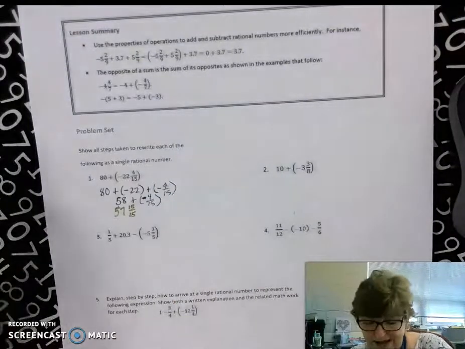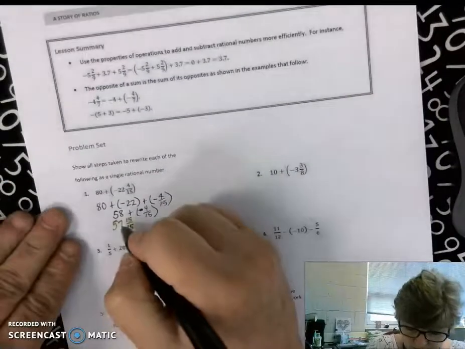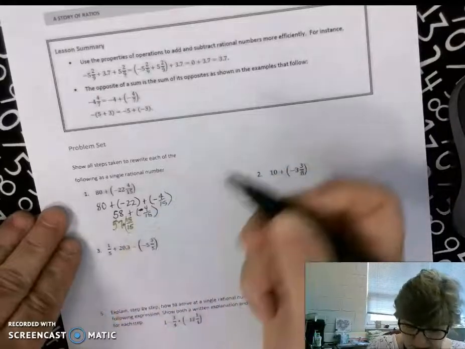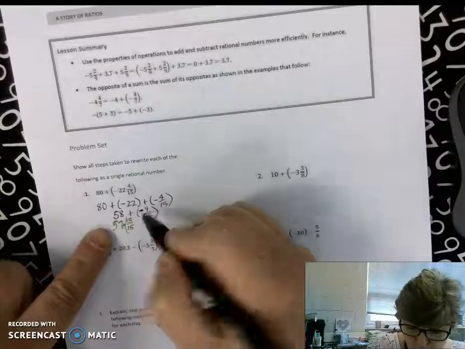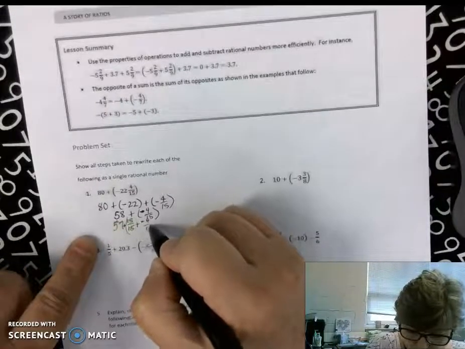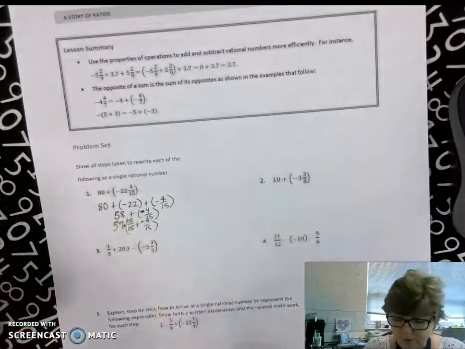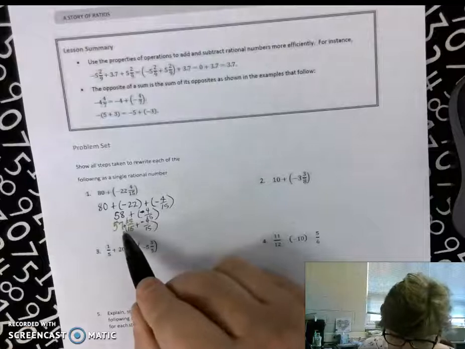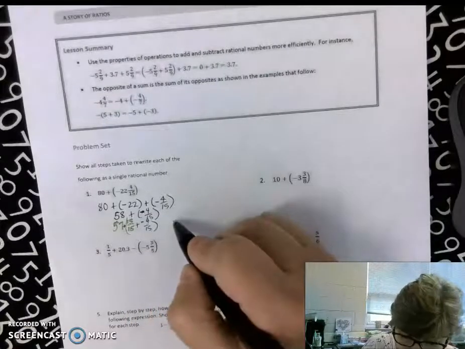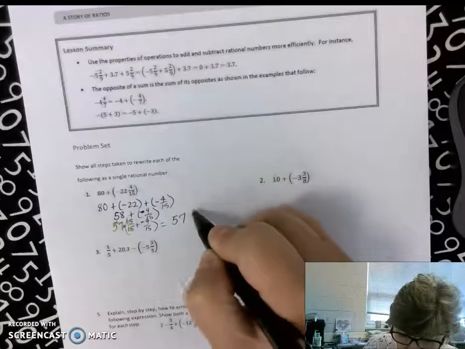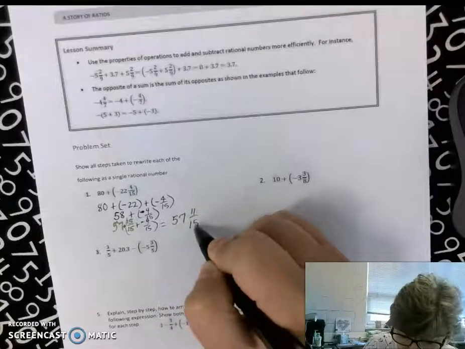So you add that -4/15. So I'm actually going to show it as if I am grouping these two fractions. So your final solution is 57 and 11/15.